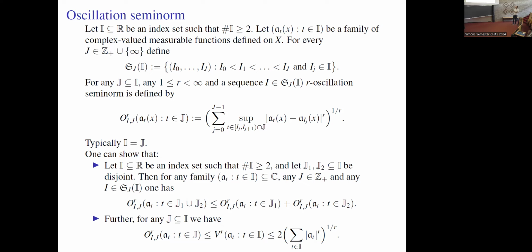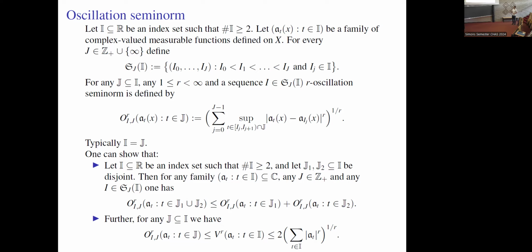And from this definition, it's also clear that the oscillation semi-norm is dominated by the r-variation semi-norm, because here we have a constraint which comes from the fact that we look only at these blocks which arise from our original sequence I. Okay, can you see that? Okay.